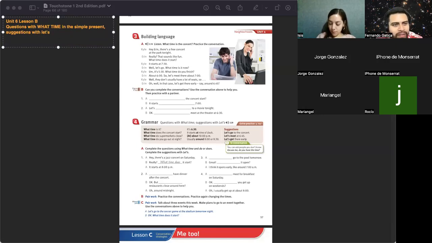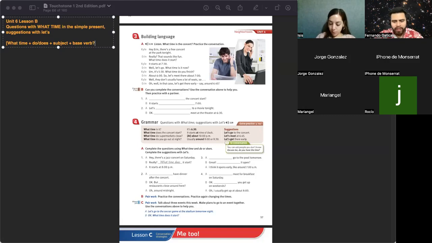All right. So look, what time? Ya saben, es una palabra de pregunta. Así que pueden seguir la fórmula que les di hace rato. What time plus do or does plus the subject plus the base verb.